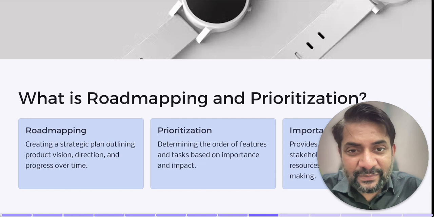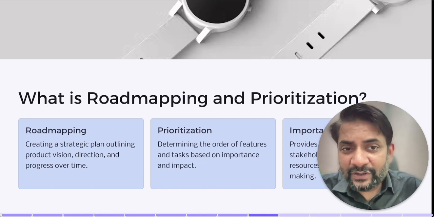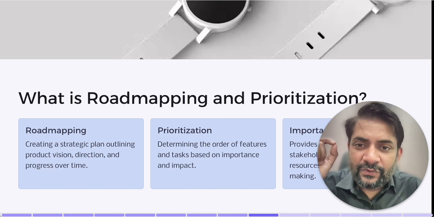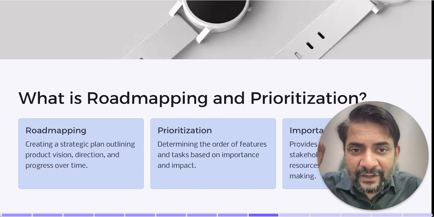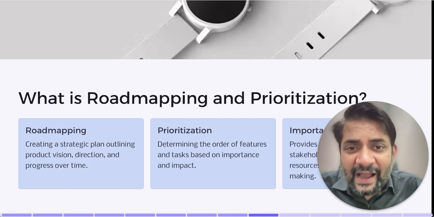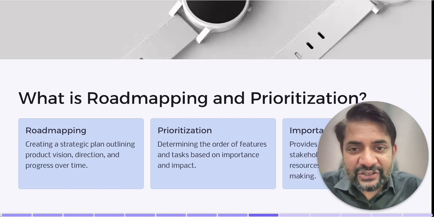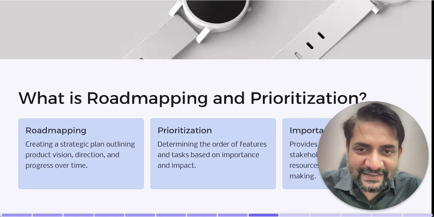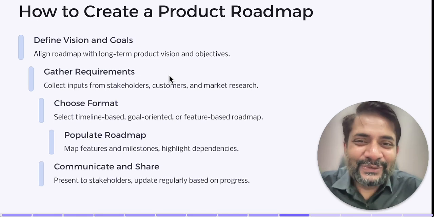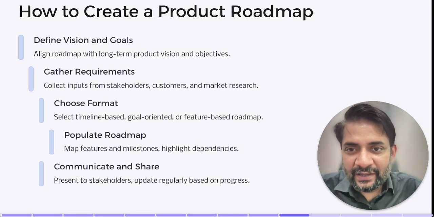And it facilitates strategic decision making, helping in making informed choices about feature development and product enhancements. According to a product management survey, 65% of product managers identify road mapping and prioritization as critical skills for product success. Now, the bigger question is how to create a roadmap. Let's find it out.